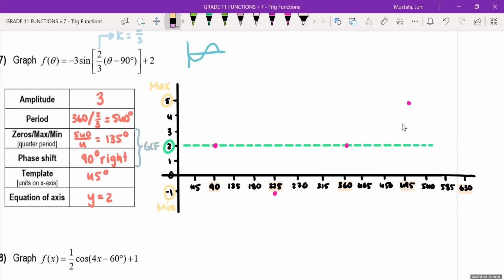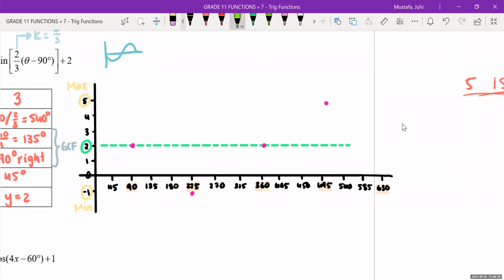So I actually just want to move all of this as well. And then we're going to try to draw a nice smooth graph.